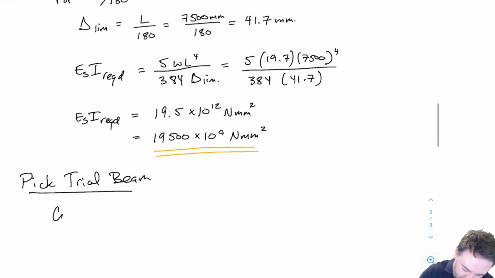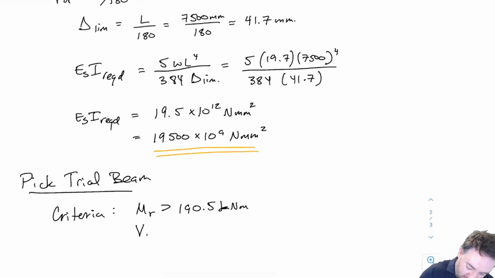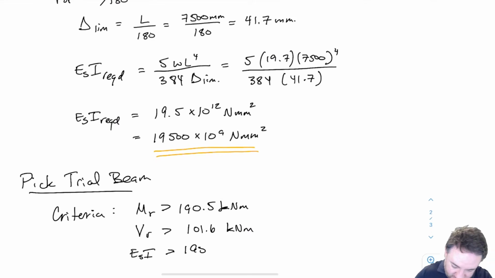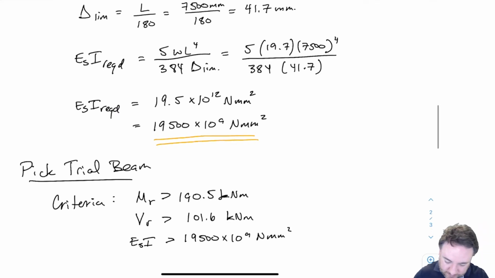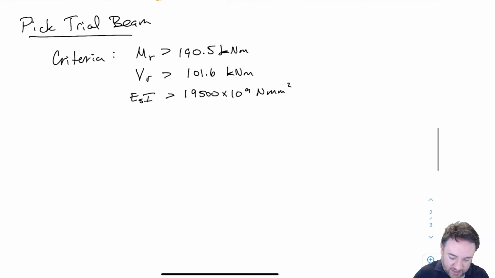And our criteria are, again, that MR is greater than MF, which is 190.5 kilonewton meters, and that our VR is greater than our VF, which is 101.6 kilonewton meters, and that our ESI is greater than 19,500 times 10 to the 9 Newton millimeters squared. So we're going to basically go to our table and search for these.